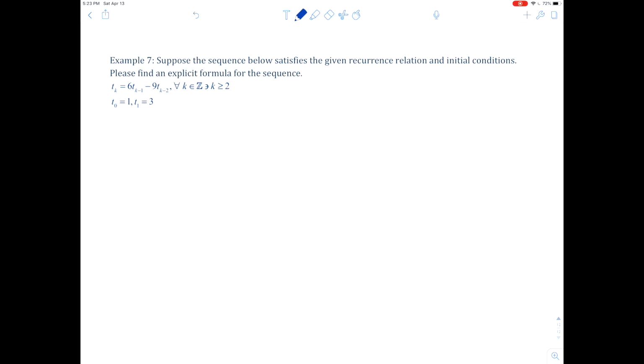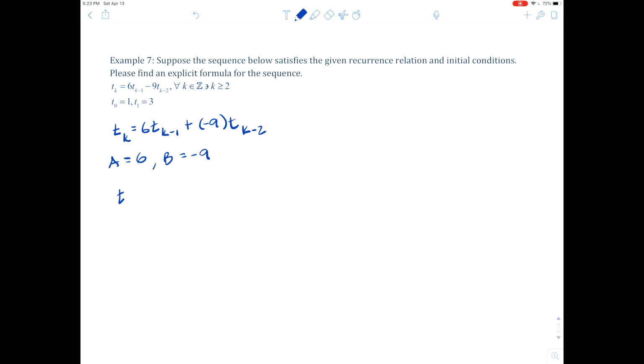Okay, so do you see that if we rewrote t sub k as 6 times t sub k minus 1 plus negative 9 times t sub k minus 2, our a would be 6 and b would be negative 9? We cool with that? So what would we have?